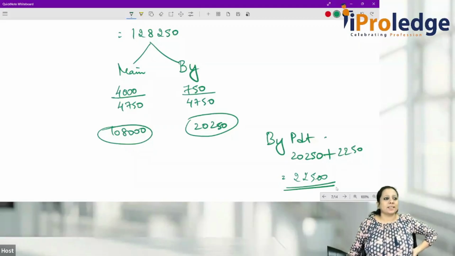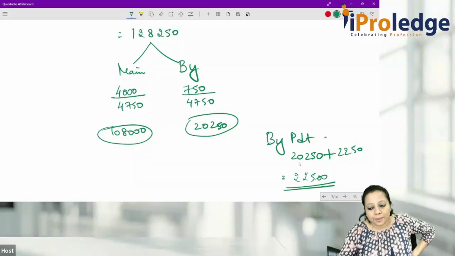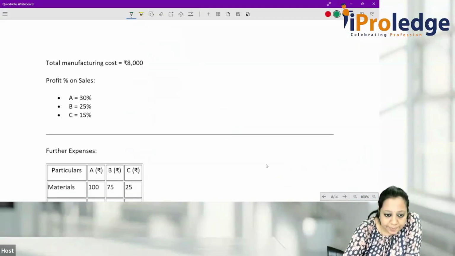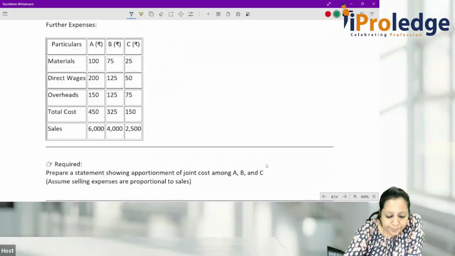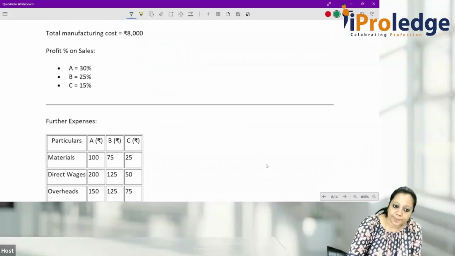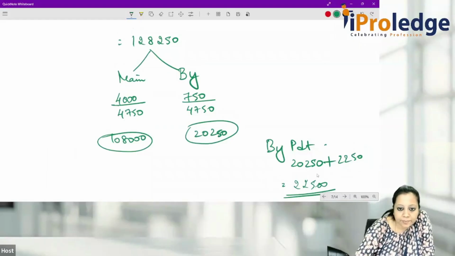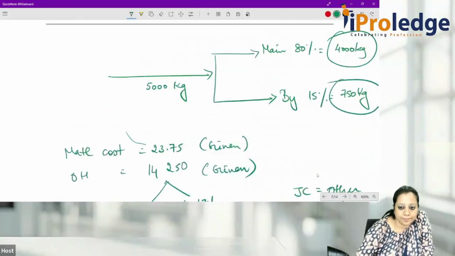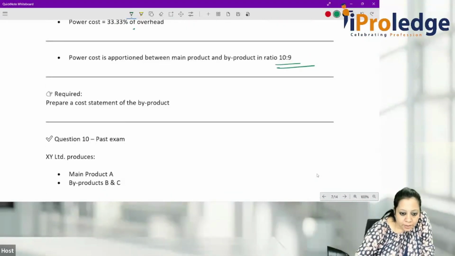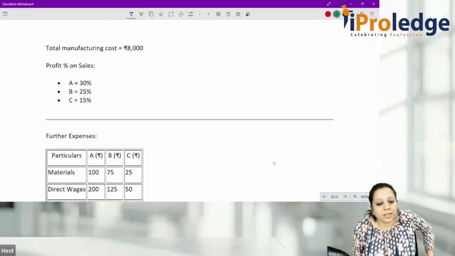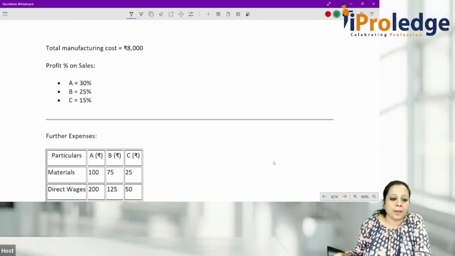Shall we proceed, students? The next question is very simple. Because it's a past exam question, I simply added it. We have XY Limited, which produces main product A, and byproducts B and C. Total manufacturing cost is 8,000.